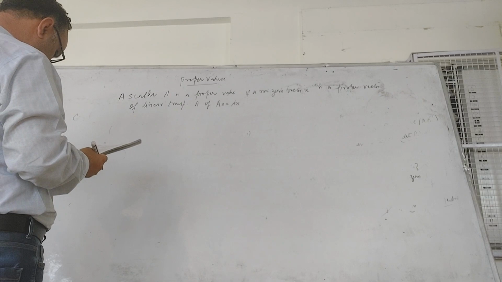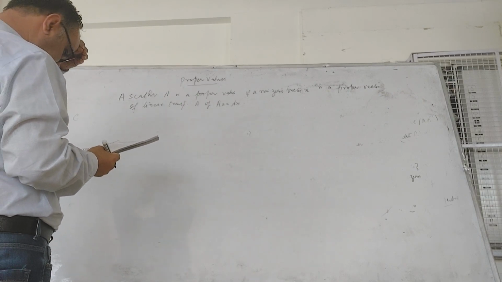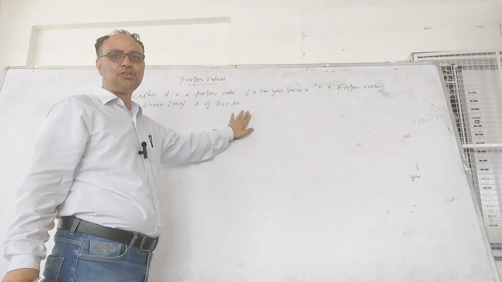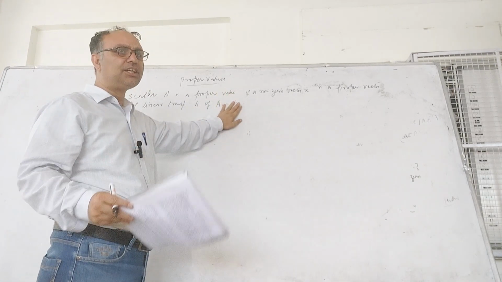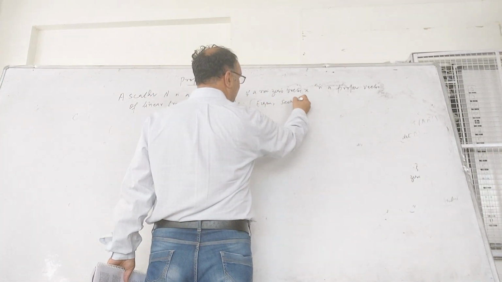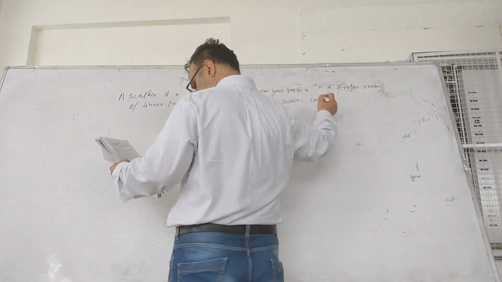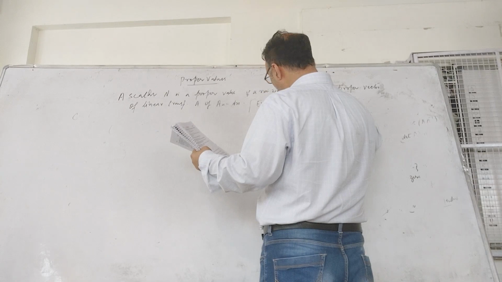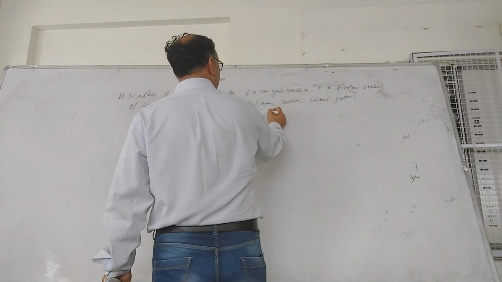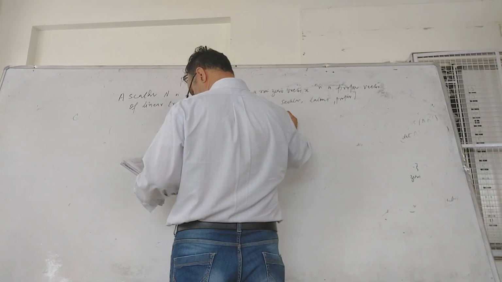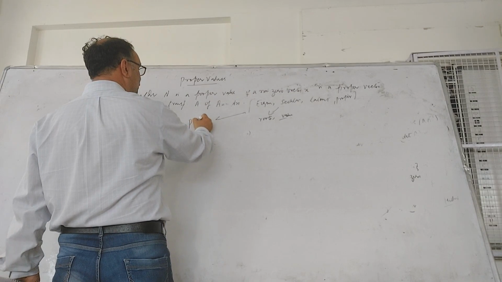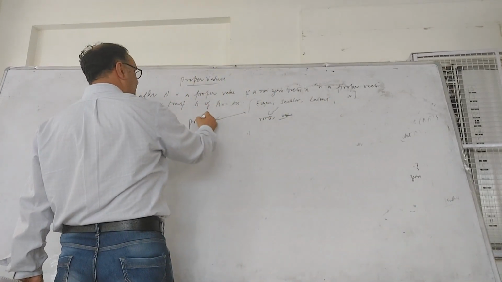So almost every combination of adjectives, whether we use characteristic equation, eigenvalue equation, latent, circular, or proper, together with nouns like roots or value, all of these come under the thing called proper values.